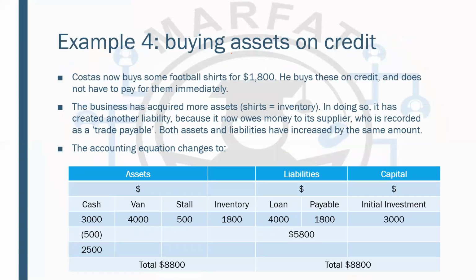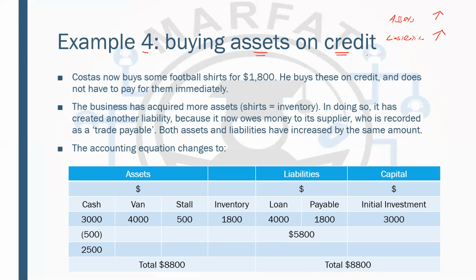Now we have example number 4, which is buying assets on credit. From the name itself, you can understand the two aspects, assets and liabilities. Asset is increasing because we are buying the asset, and the liability is increasing as well because we are buying on credit.